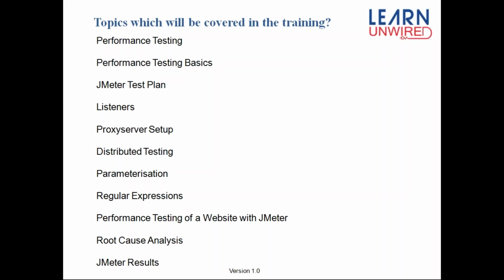If a number of users hit the application at a time, our system might not respond as expected, and our system could go down. So the main objectives of performance testing are: will the application handle the expected user load?